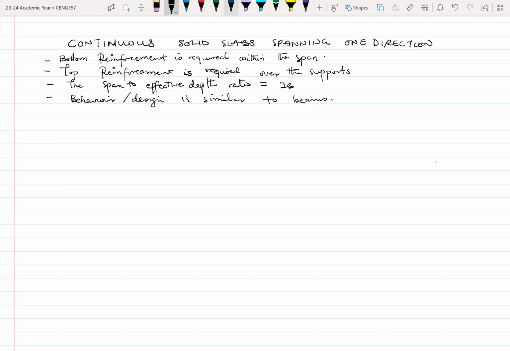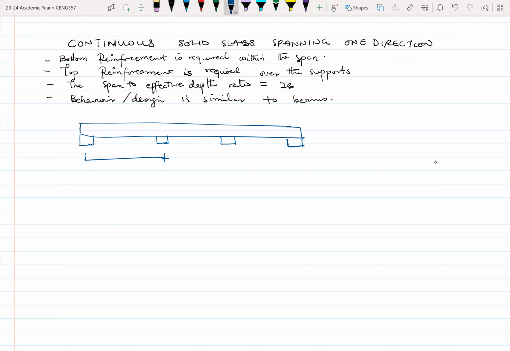All right. So now, for example, if this is your slab, and the beams will be your supports, something like this. If you have that case, depending on what the spans will be, you have to find the moment. So you find the moments in the spans.